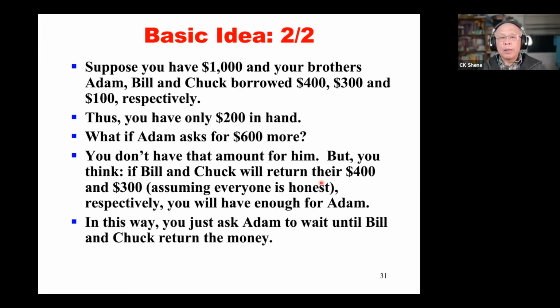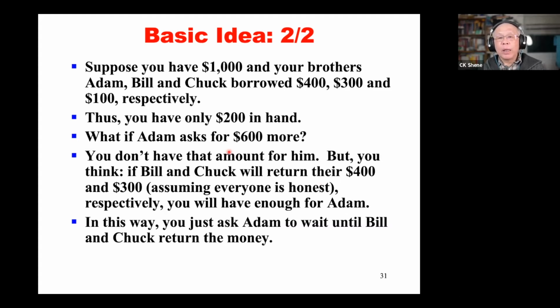Now, a real example. Suppose you have $1,000 in hand. Your three brothers, Adam, Bill, and Chuck, borrowed $400, $300, and $100 from you respectively. So you have only $200 in hand. Now, what if Adam asked for $600 more?